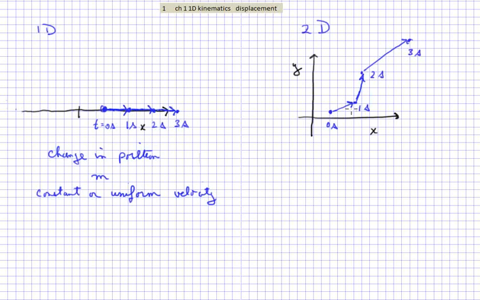And so again, we have a motion diagram here in 2D. I'm not constrained along a line. I'm going in a two-dimensional fashion.